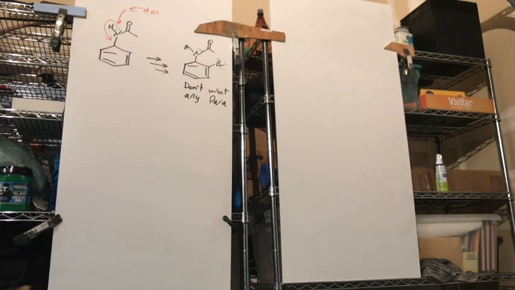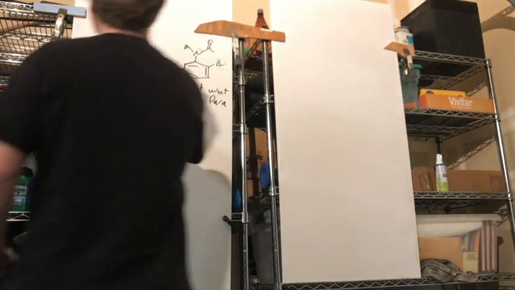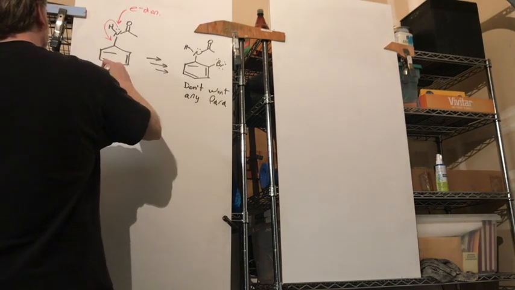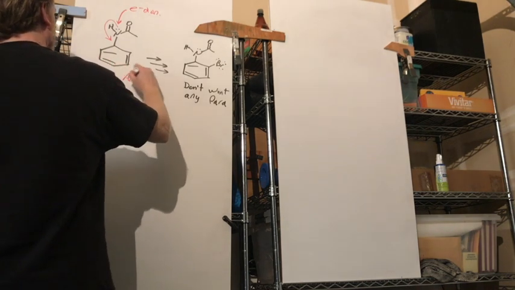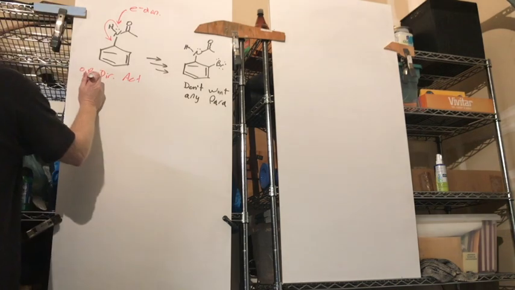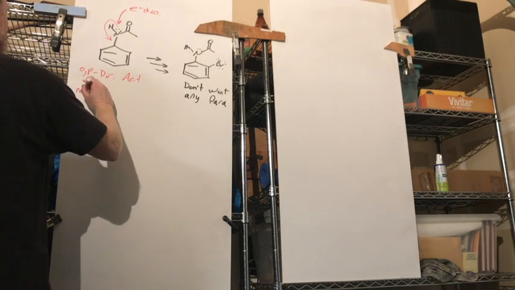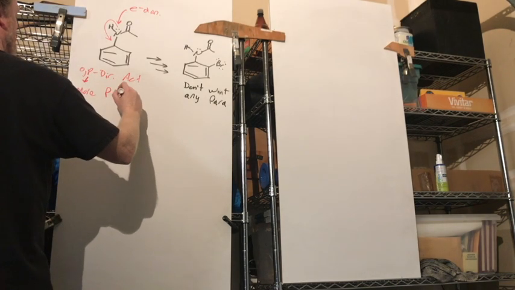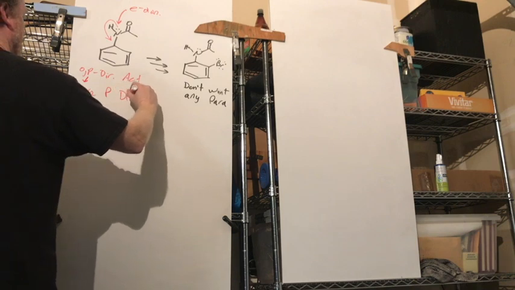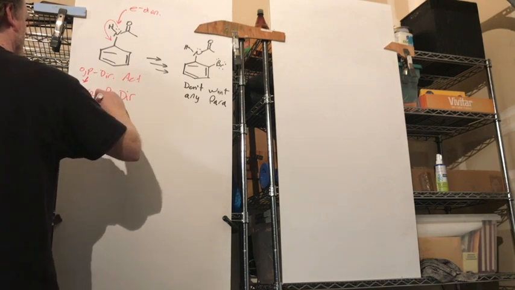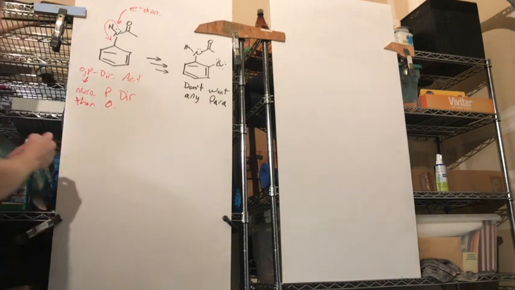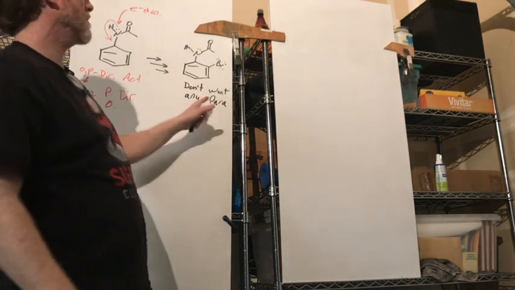Is it an ortho-para director or a meta director? It will be an ortho-para directing activator. But what is it more of? It's more of a para director than ortho.